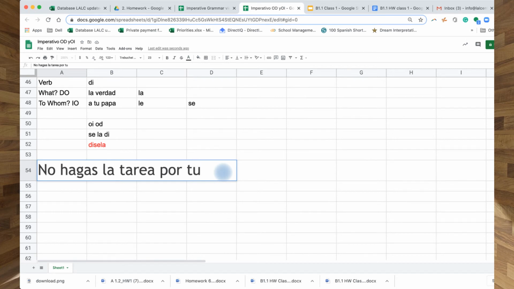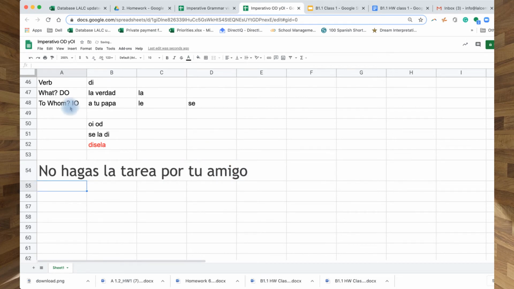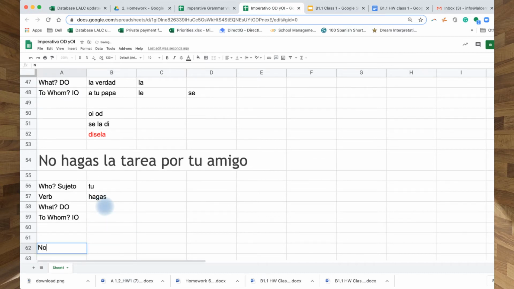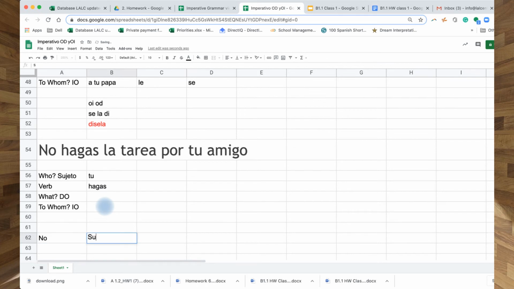Hagas is an imperative, the verb. The negations always go first in the order. Then go sujeto, objeto indirecto, objeto directo, y verbo. So, what? La tarea. How do you make it shorter? La, correct. And then, to whom?